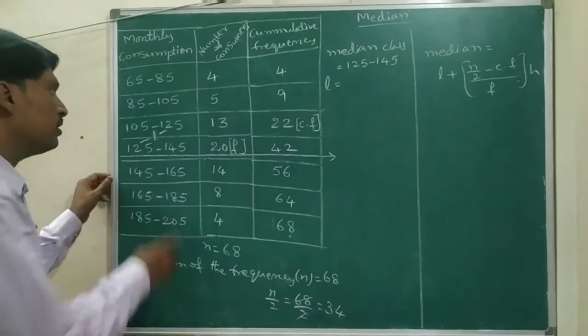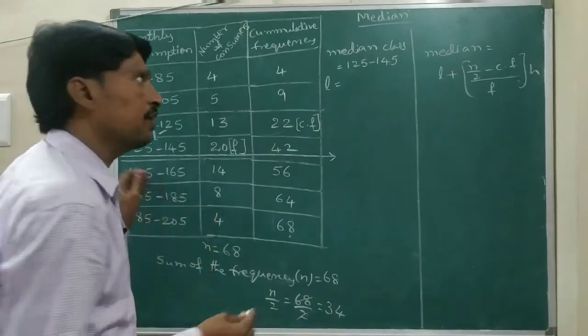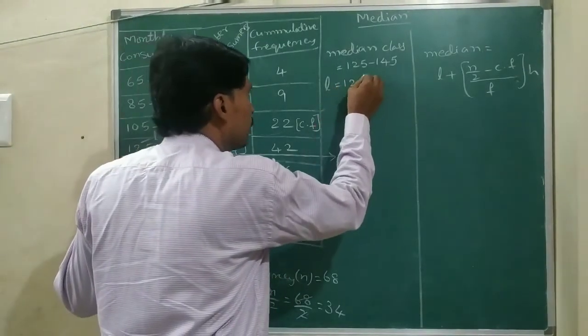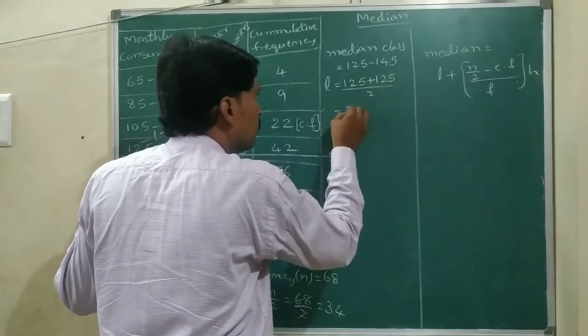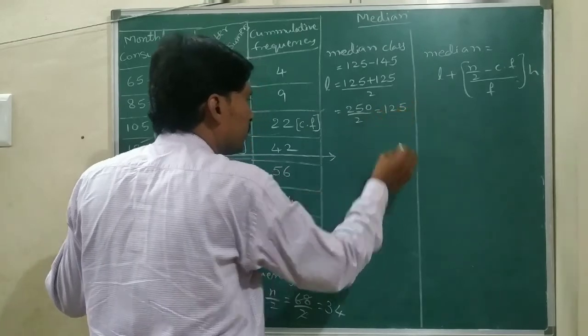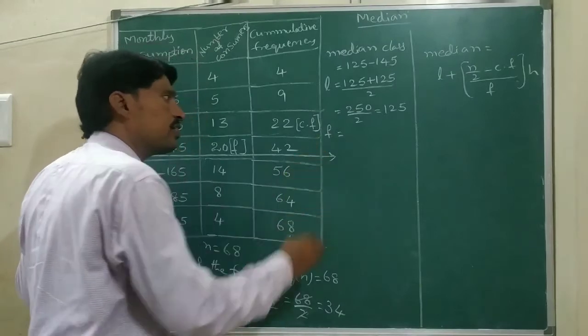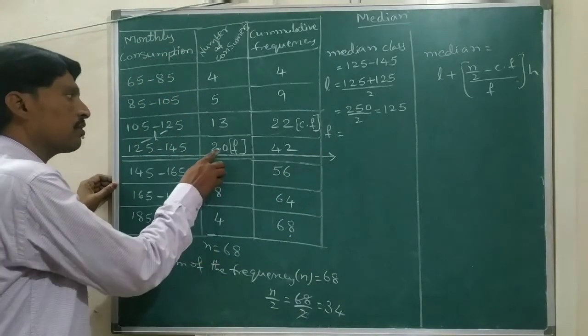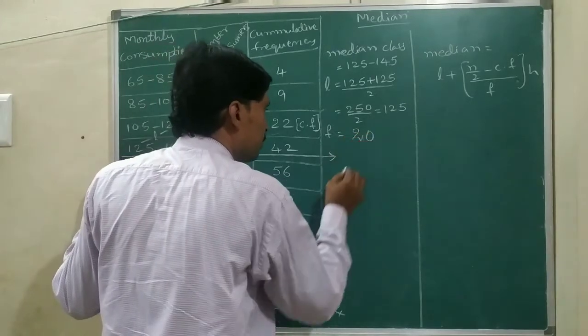Means 125 plus 125 by 2, that equals 250 by 2, that equals 125 we are getting. Lower boundary equals 125. F means frequency of the median class, so the frequency of the median class is 20.